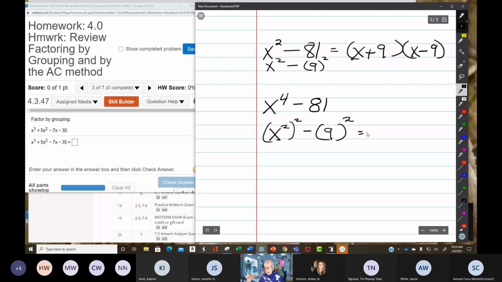So this is going to equal boom, boom, boom, boom. X squared, 9, 9, plus minus. Boom, watch out.